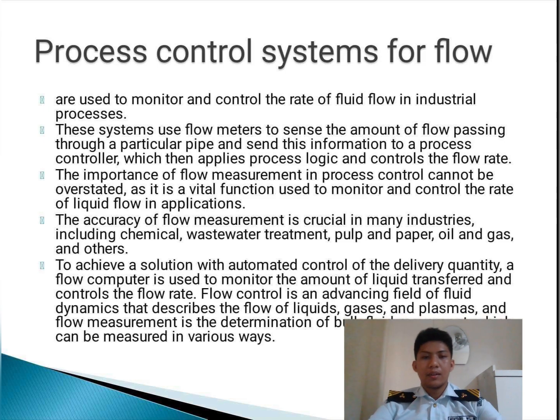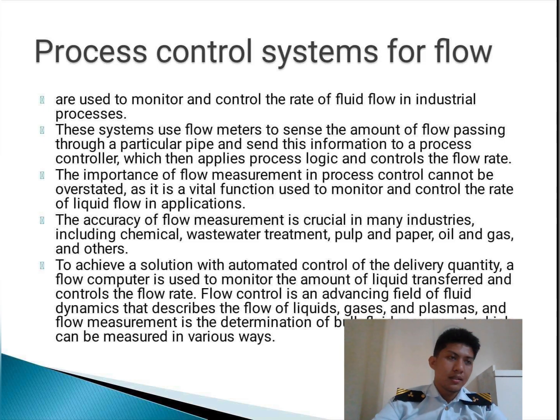Then we have here the importance of flow measurement and process control cannot be overstated. It is a vital function used to monitor and control the rate of liquid flow in applications. The accuracy of flow measurement is crucial in many industries.